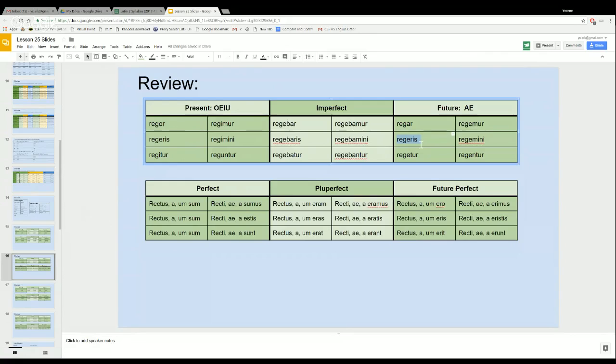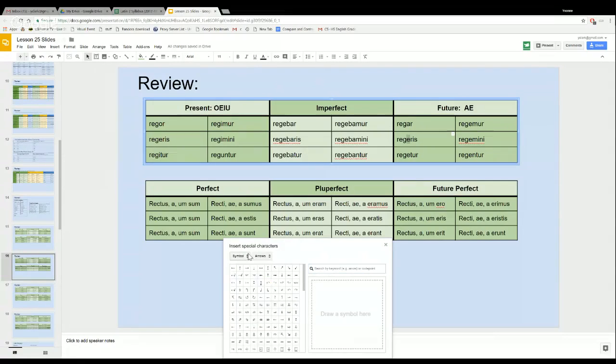Okay. Another way you can tell is that this one right here in the future is long. So I'm going to go ahead and insert that. Where are my special characters? Here it is.